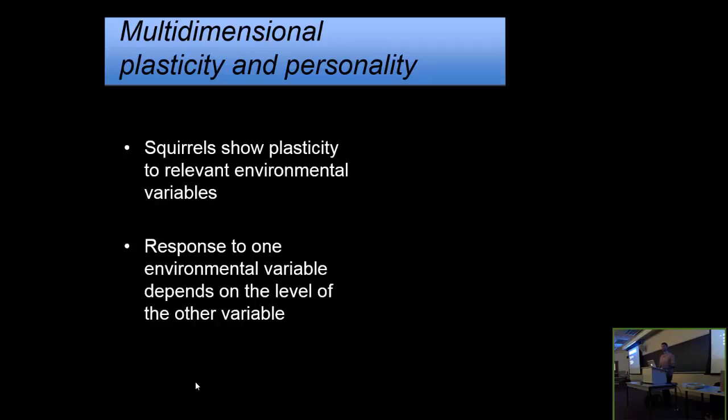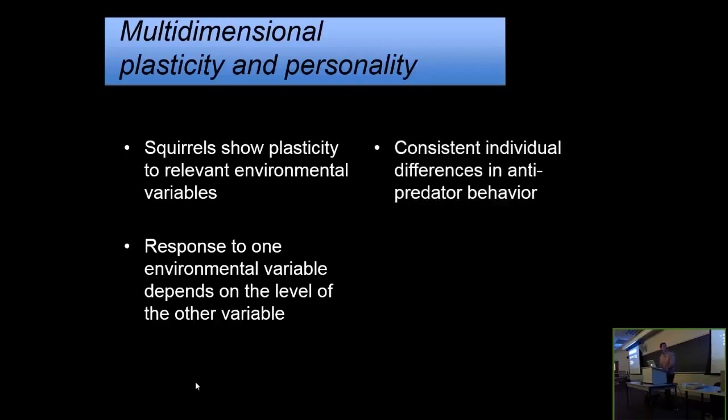But I think what's interesting to show here is that the pattern of behavioral change in response to multiple variables can actually show potential adaptive behaviors if we think of what the natural history of squirrels is in terms of trade-offs between foraging and mating, foraging and predation risk.